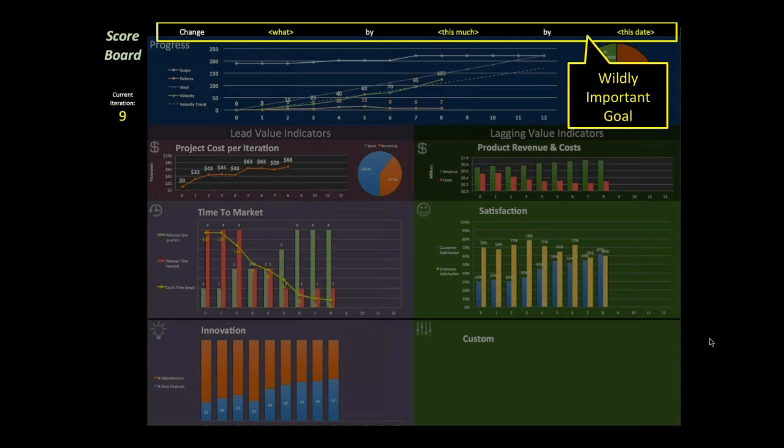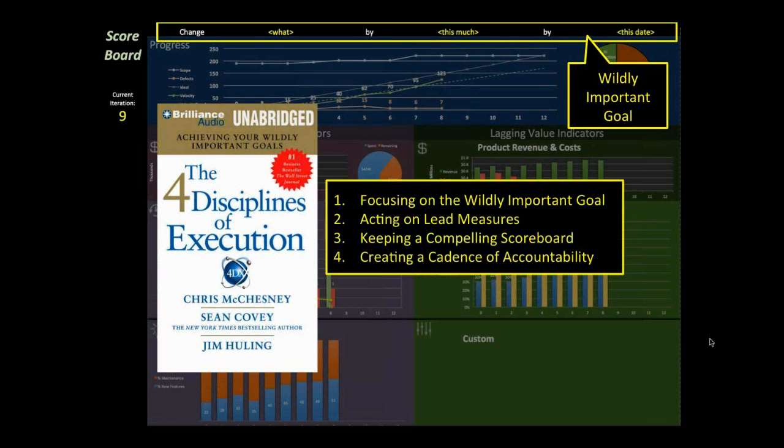And that wording specifically comes from a book called The 4 Disciplines of Execution, which kind of fits in a lot of the work that I've been doing with evidence-based management and working with teams. It fit quite nicely with this, where they talk about 4 disciplines of execution, where the number 1 is focusing on a wildly important goal, coming up with that, and that format that I have up there is from this book, change, buy.